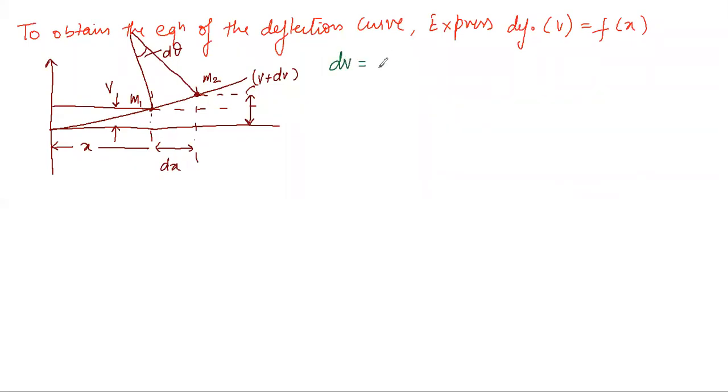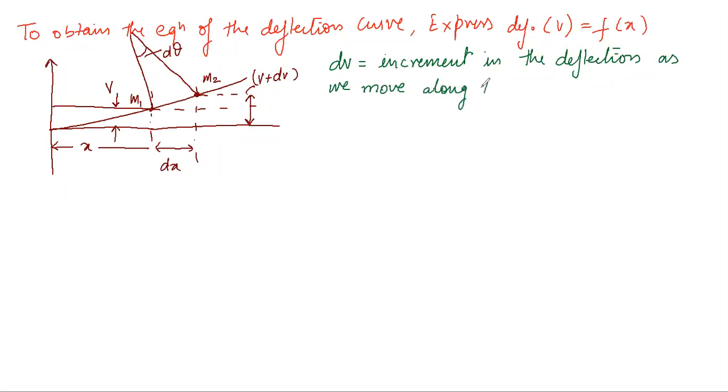Delta v is the increment in the deflection. डेल्टा v क्या है? एक आपका इंक्रीमेंट है डिफ्लेक्शन का as we move along the curve, as we move along the curve from m1 to m2, right?